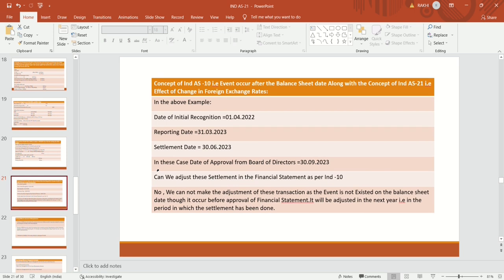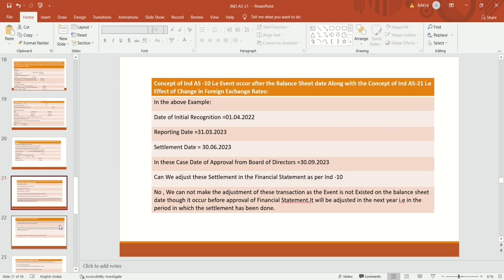But at the reporting date, the exchange rate will be 70. So we will not take into consideration the date on which the settlement is made, that is after the reporting date. We cannot adjust these transactions as the event did not exist on the balance sheet date, though it occurred before the approval of the financial statements.